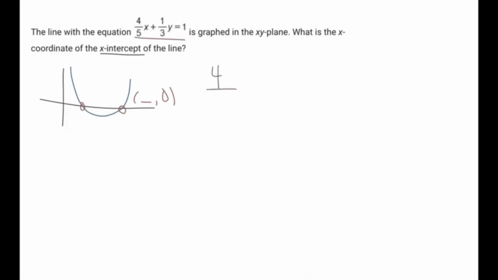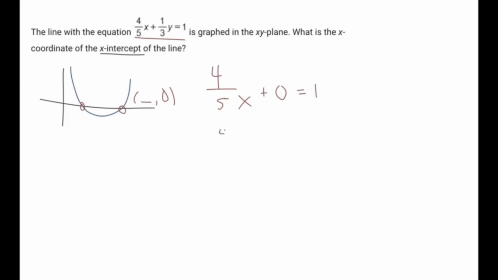So then we have 4/5 x plus 1/3 times 0 is 0, so plus 0 equals 1. And now we can just solve for x, because y was 0, which means we're solving for the input that gets us 0 as y. So what is x? Well, what do we multiply 4/5 by to get 1?